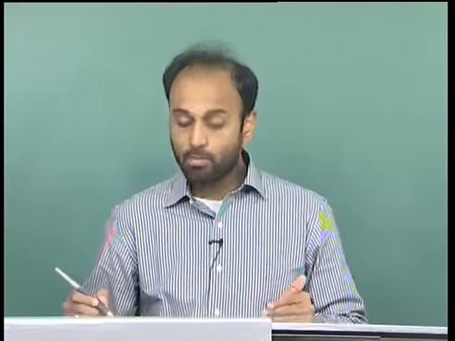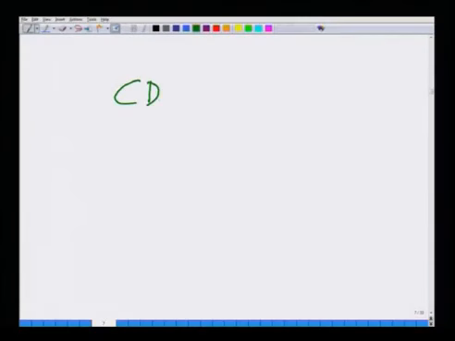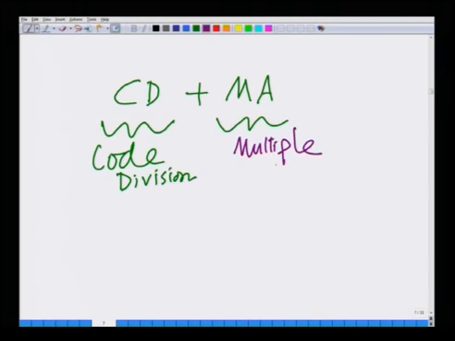Hence, the name CDMA. CDMA is CD plus MA, which is I am using code division. I am dividing information on the basis of codes, and thus I am achieving multiple access. I am using codes to achieve multiple access.